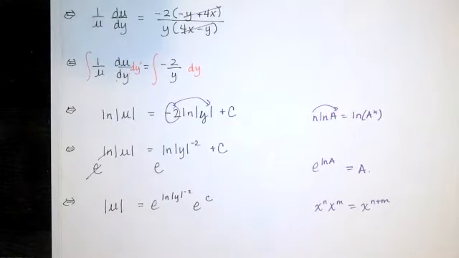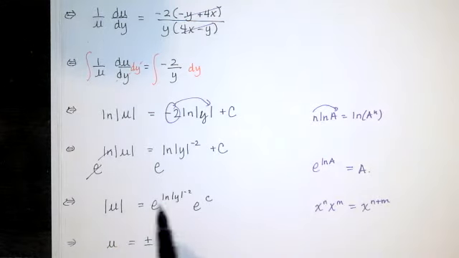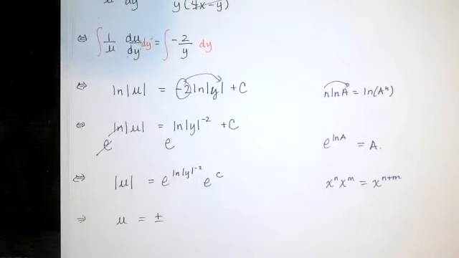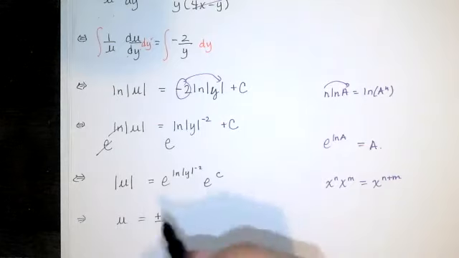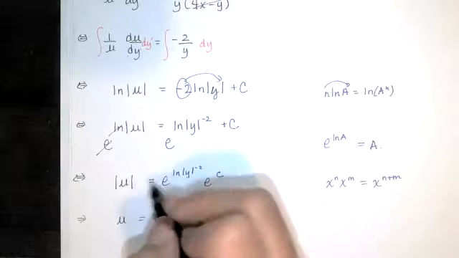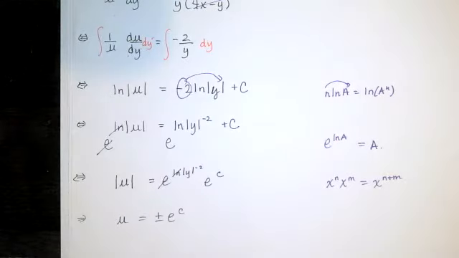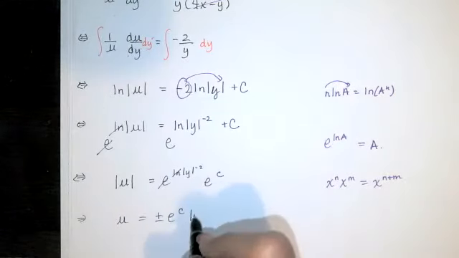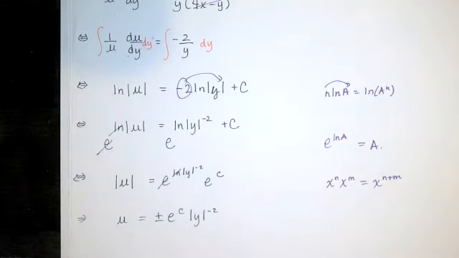And of course, e to the c is just a different c. And if the absolute value of this equals this, then we can have a plus or minus over here. And again, the exponential and the logarithm with the same base undo each other. And so we get that.